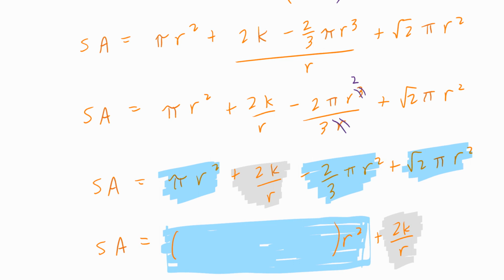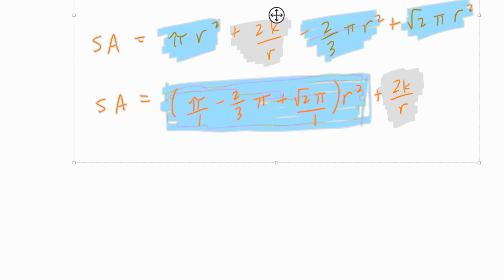And in brackets, I'm going to copy pi minus 2 over 3 pi plus root 2 pi. Now to combine this, I need a common denominator. So I can express pi as pi divided by 1, root 2 pi is root 2 pi divided by 1. The common denominator is going to be 3.